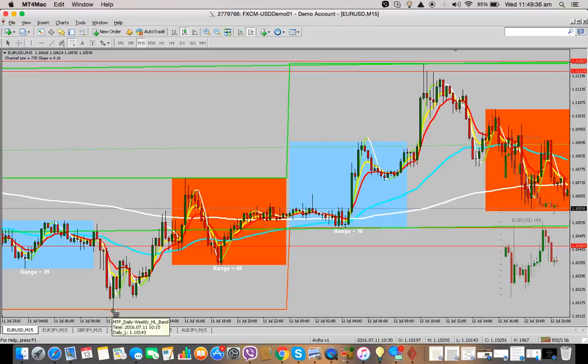So what we're doing is we're going to utilize this in this case to be the 100% mark. Okay, because we want the 61.8 or the 50 to be down here somewhere.